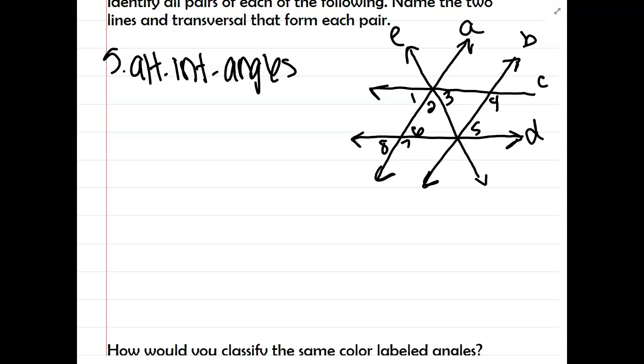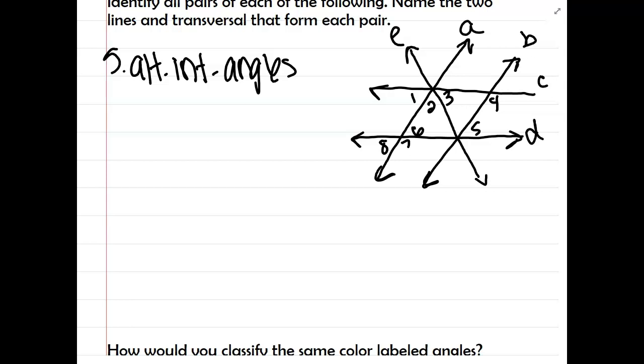So keep in mind that the interior, and I'm going to scribble in here a little bit, would either have to be a pair of these angles, because they're on the inside of those lines, or it could be these ones. So we need to find sets of angles that are inside either one of those, but remember, they have to be on alternate, opposite sides of the transversal.